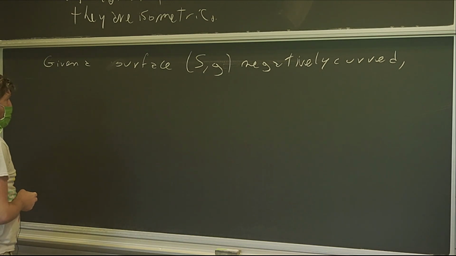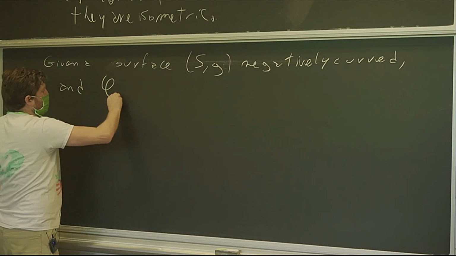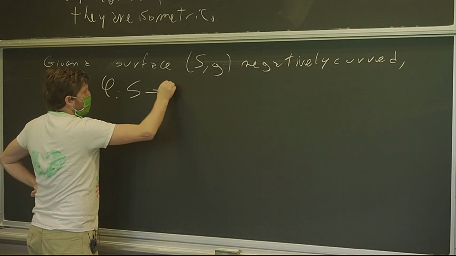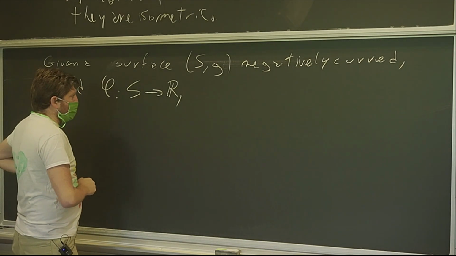Anyway, given a Riemannian surface and a function phi from the surface into R, we can define two objects.